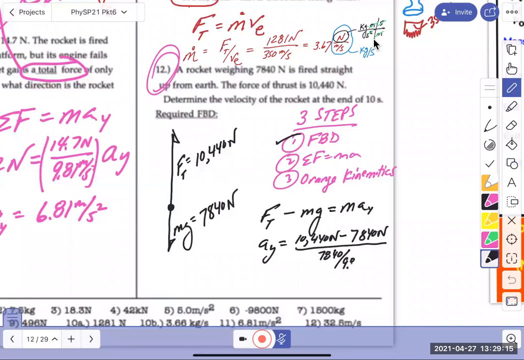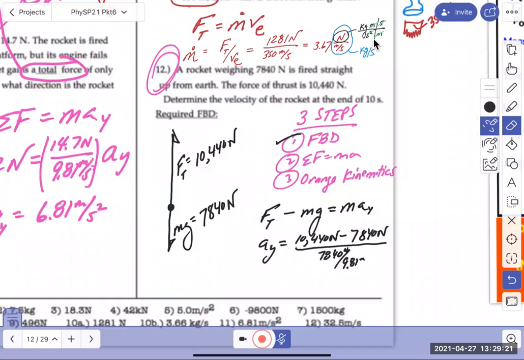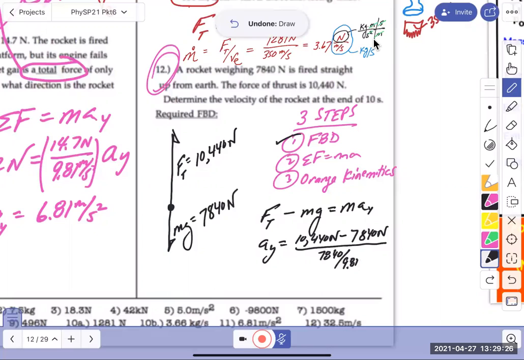I've got to pull the g out. I'll be lazy and put brackets around the whole thing. Just put kilograms, because they'll end up being kilograms, right?